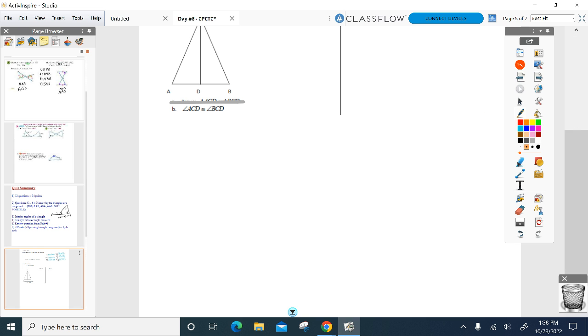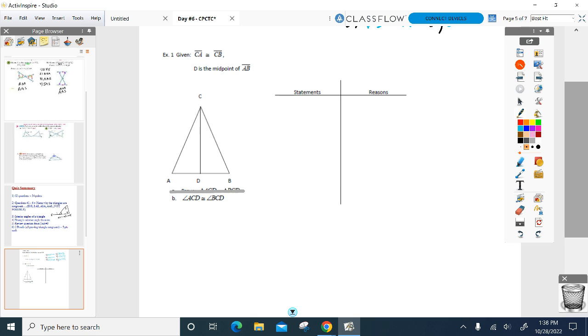So take a look at our first proof today. You'll notice something a little different in the proof statements. I'm not asking you to prove triangles. I'm asking you to prove angles. Same argument. Angle ACD and angle BCD will not be congruent unless we do what first? Prove the triangles. I've got to prove the triangles.